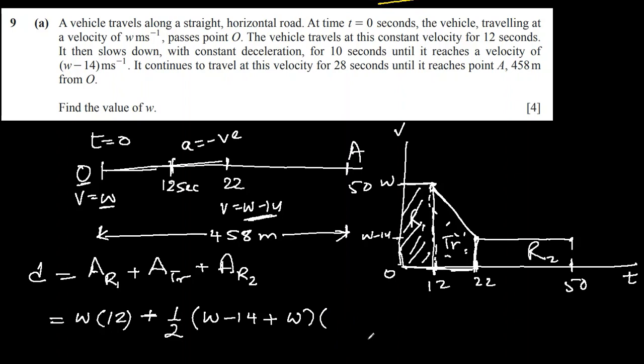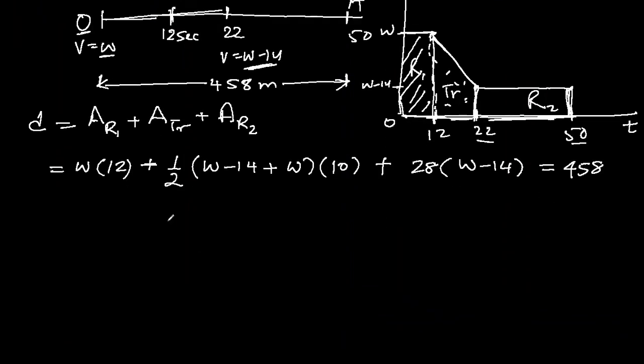The distance between 12 and 22 is 10. Then the area of rectangle 2 will be the length, which is 22 till 50, 28, and width is this height, which is W minus 14. This is the total area, which is equal to 458 meters.